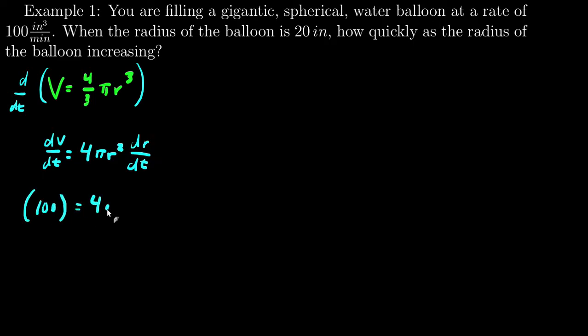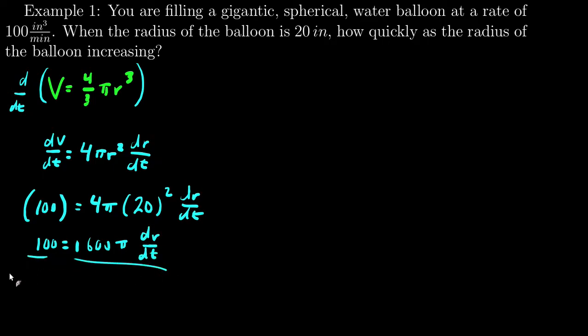I have 4 pi. The radius is 20, so I can put that in. And I want to find how quickly the radius is increasing. That's dr/dt, so I'm going to solve for dr/dt. 20 squared is 400, times 4 is 1,600, so I have 100 equals 1,600 pi dr/dt. I'll divide both sides by 1,600 pi.